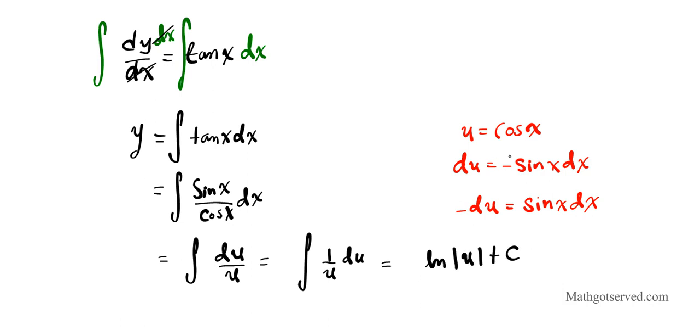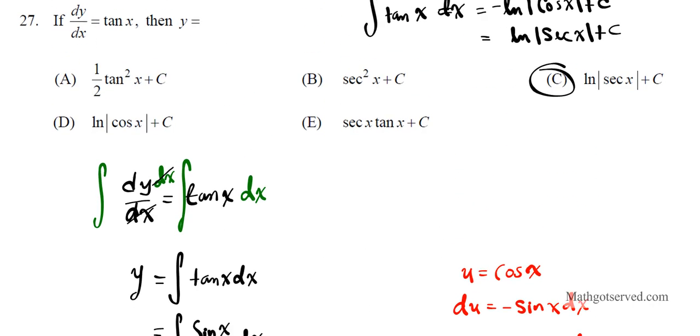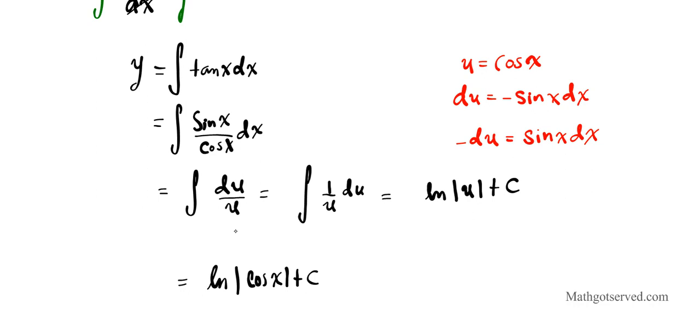Now we've got to plug the value of u back into our answer. u is cosine x, so let's plug that in. So our answer is going to be the natural logarithm of cosine x plus c. Okay? Now, if you look at all the options we have here, there isn't any cosine. I'm sorry, there is a cosine. Oh yeah, I made a mistake. What happened is as follows.